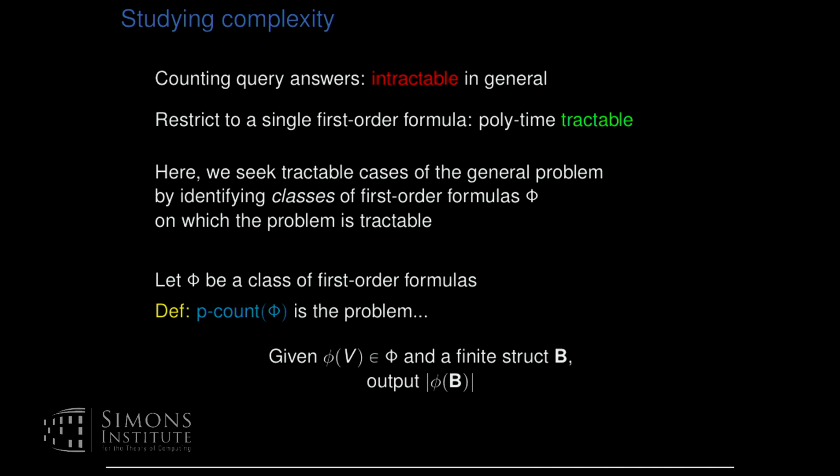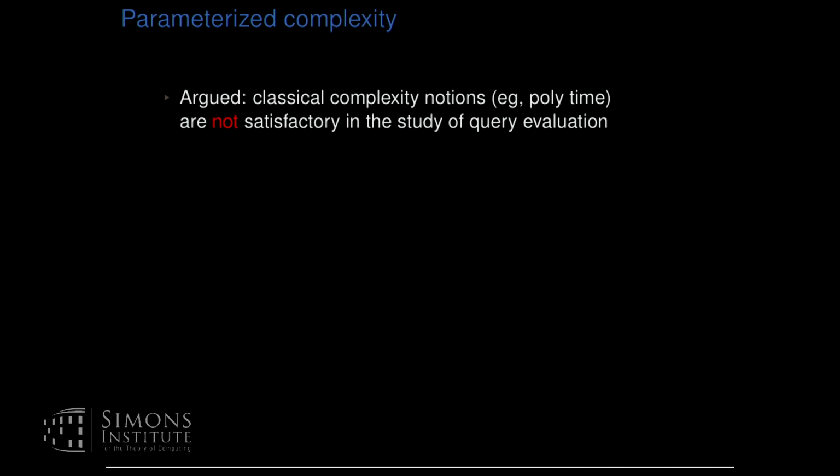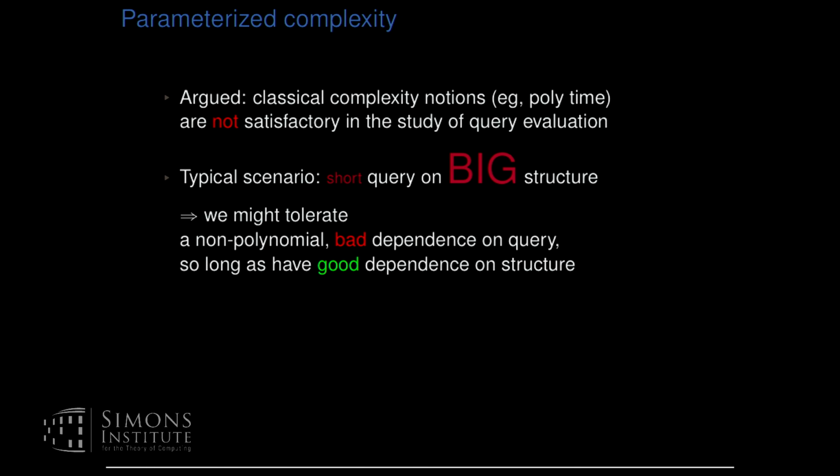Okay, so it's been argued repeatedly in the literature that classical complexity theoretic notions like that of polynomial time aren't totally satisfactory in the study of query evaluation. A typical scenario is the evaluation of a small query or formula on a big structured database. This asymmetry suggests that maybe we could tolerate a bad dependence on the query or formula as long as we have a good dependence on the structure.